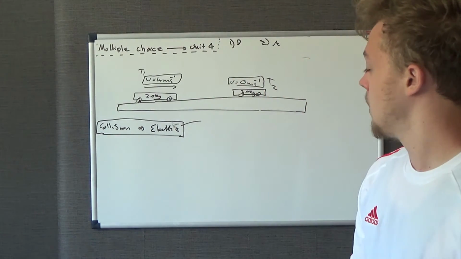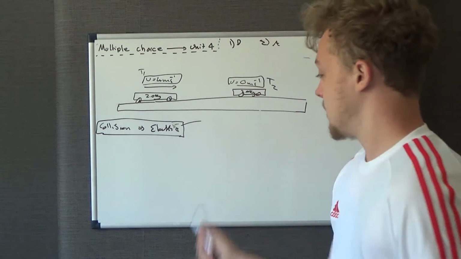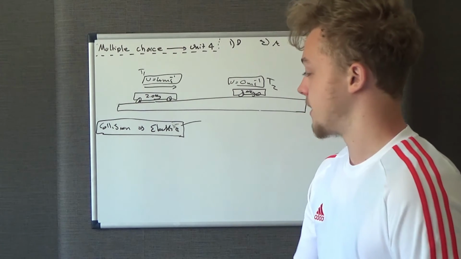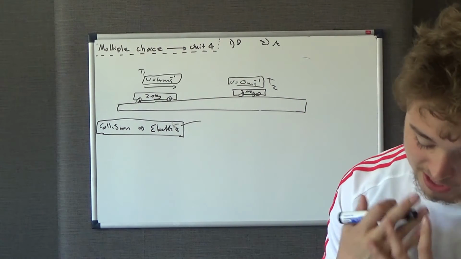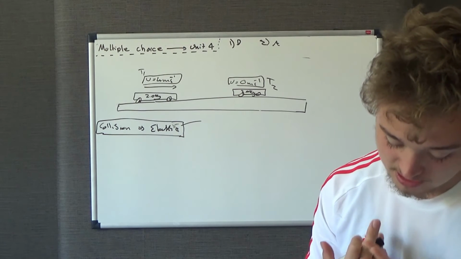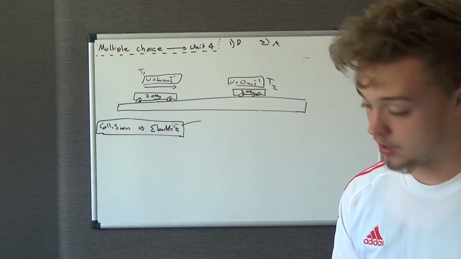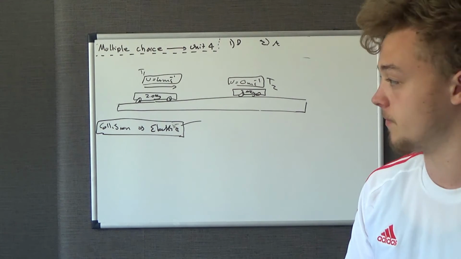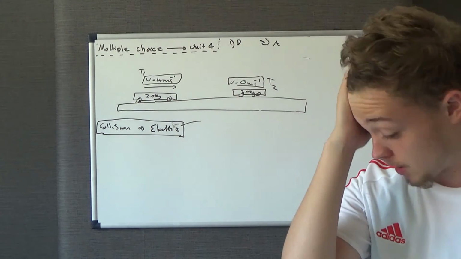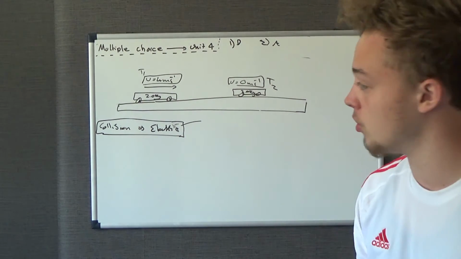Now, the collision is elastic, so there's no loss of kinetic energy, and the answers are all probably going to conserve momentum. Some might not, but it's likely they all will.